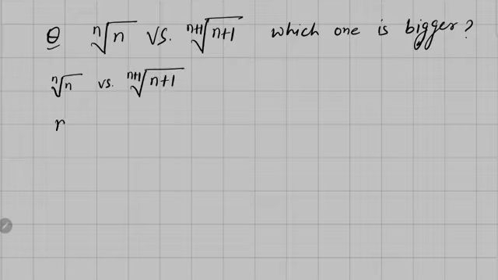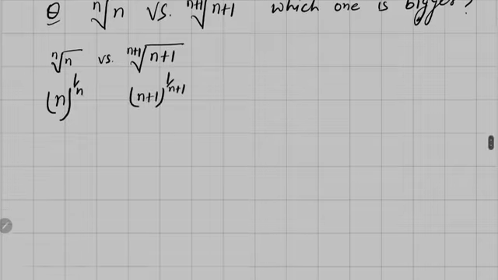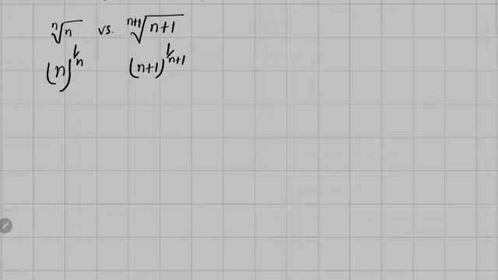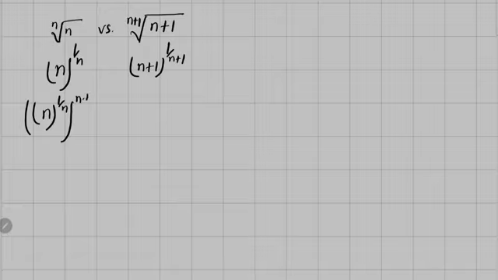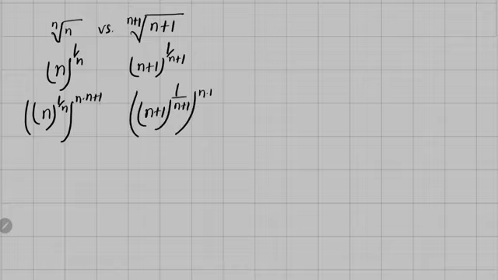Rewrite the expressions as n to the power 1 by n and n plus 1 to the power 1 by n plus 1. The least common multiple of n and n plus 1 is n times n plus 1. So taking both sides to the power of n times n plus 1, we get n to the power 1 by n to the power n times n plus 1, and n plus 1 to the power 1 by n plus 1 to the power n times n plus 1.